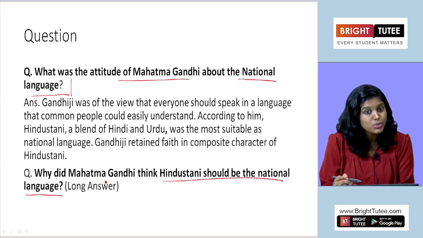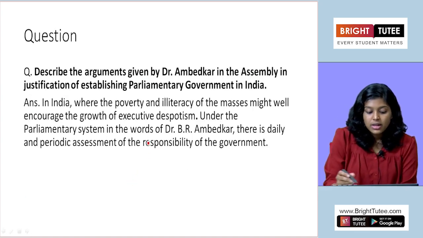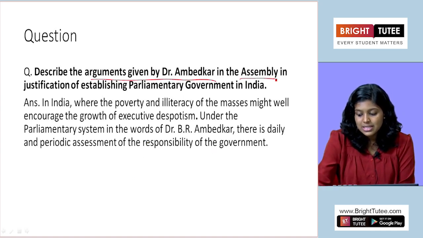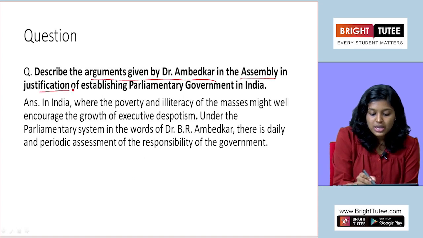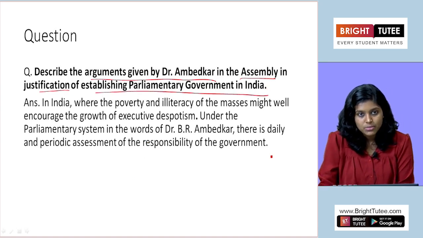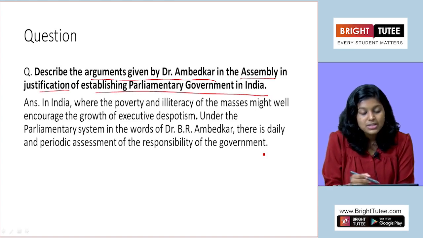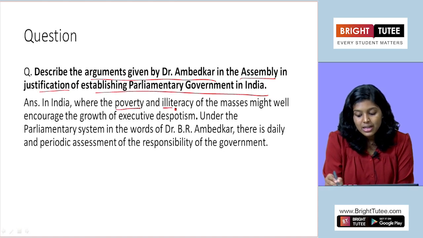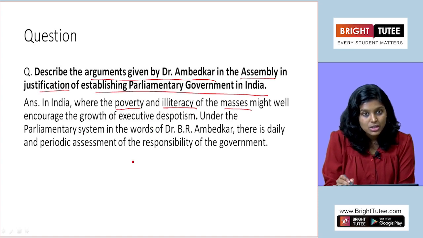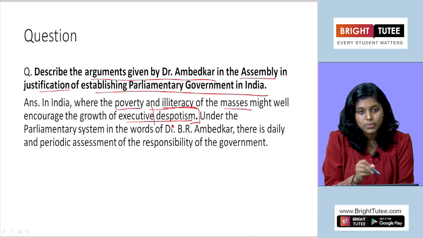one particular community. So the question on this topic is, describe the arguments given by Dr. Ambedkar in the assembly in justification of establishing parliamentary government in India. So this is something which we just now discussed, because he felt that the poverty and illiteracy of the masses might encourage the executive to go into despotism or dictatorship.